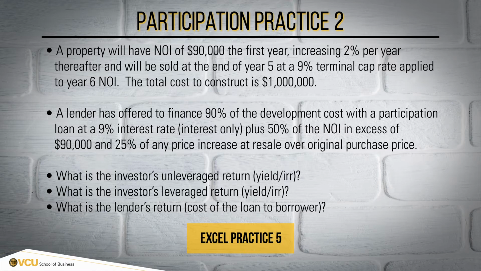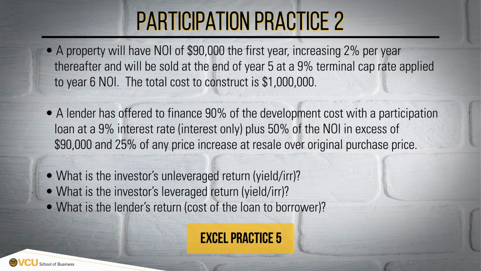The LTV they're offering is 90%. So that's a pretty high LTV, obviously. One of the caveats is that they will keep their hands out of any NOI up to $90,000. And after that, they get 50 cents on every dollar that the property generates in operating funds. And they want 25% of any price increase at resale over the original.